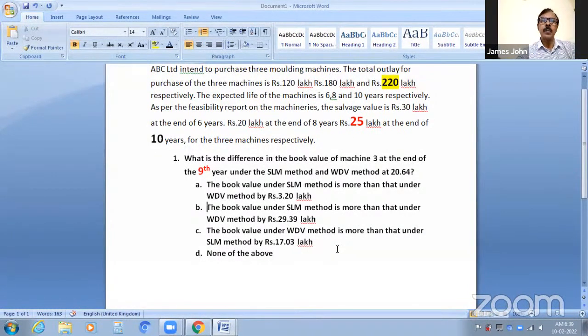Am I correct? Is it clear? Yes, sir. 19.5 lakh. So the per year depreciation under straight line method is 19.5 lakh. So what will be the total depreciation for 9 years?